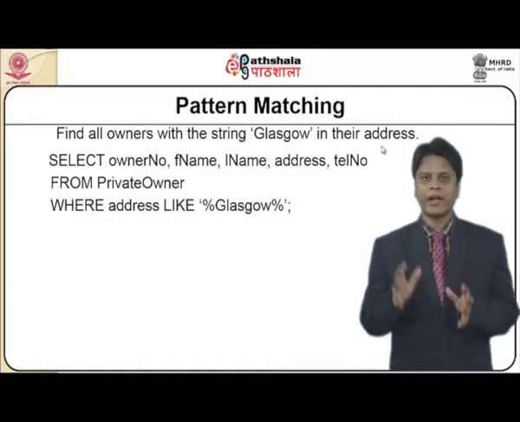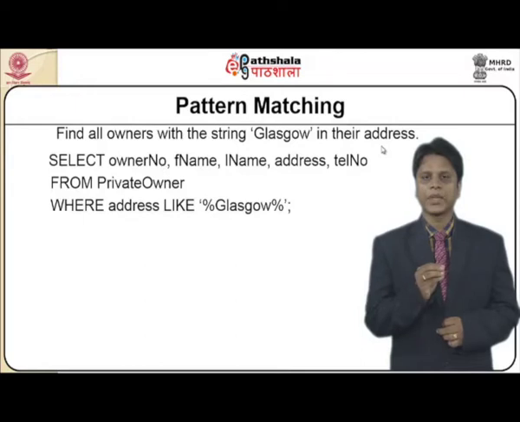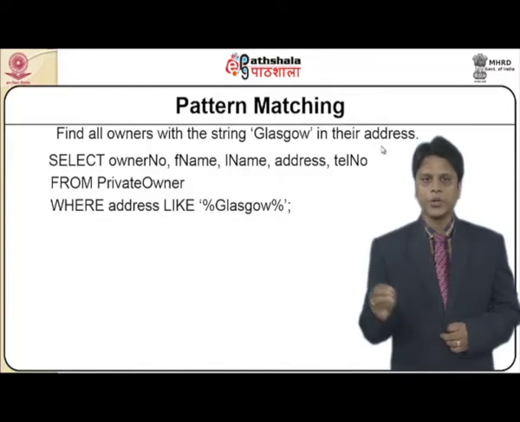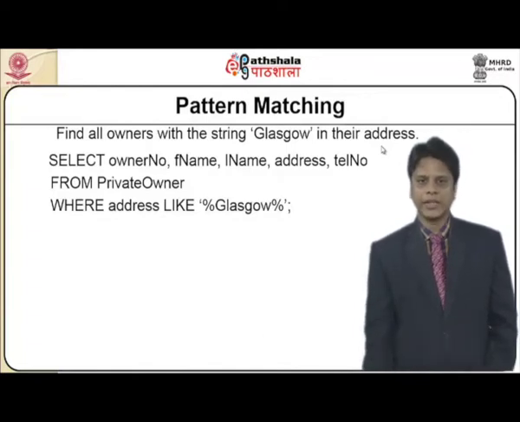So there should be an address column in the table, from where anything that has a condition or a character list or a word list of Glasgow should be selected. So select owner number, first name, last name, address, telephone number.